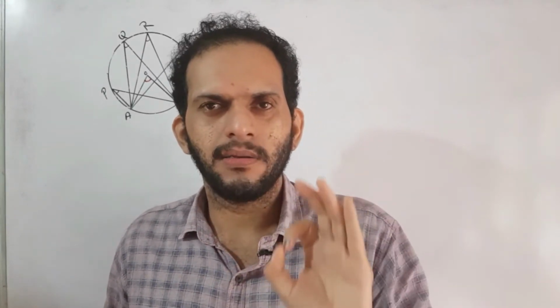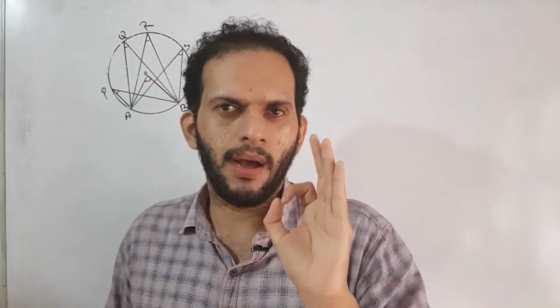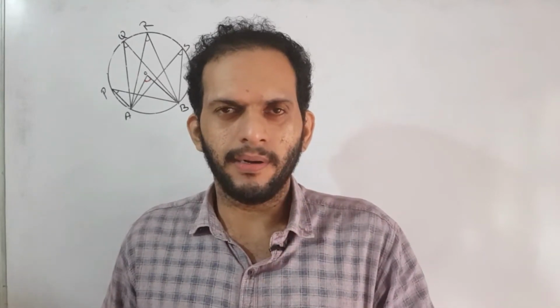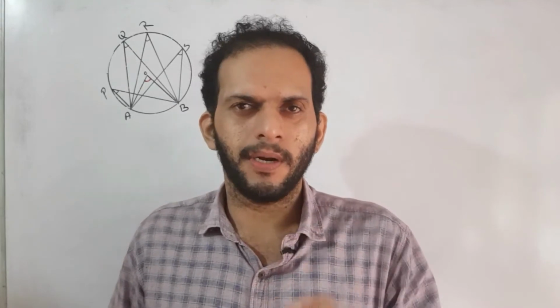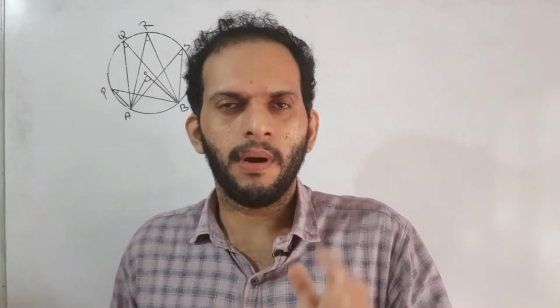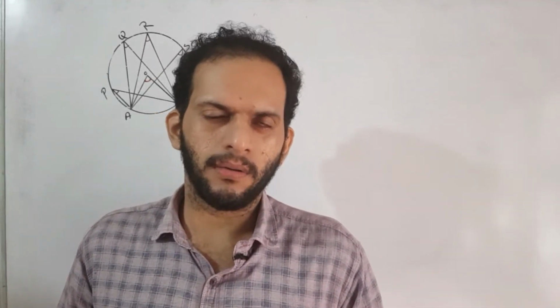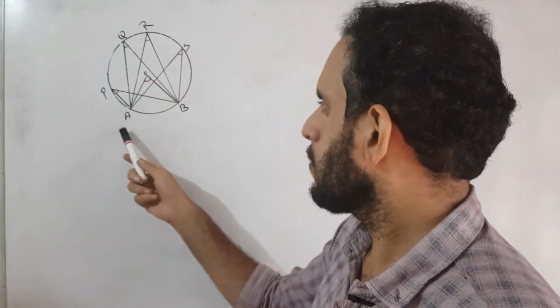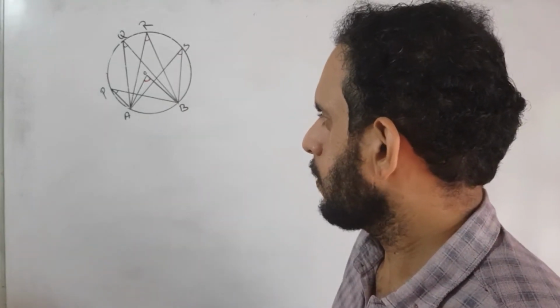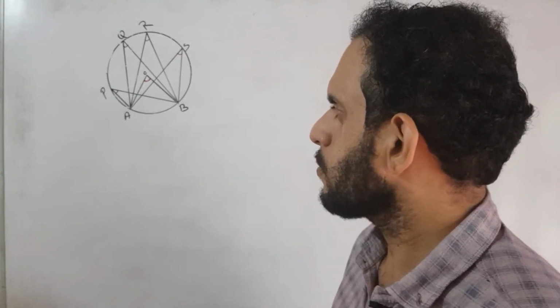We discussed one theorem, and I told you that statement is very important. What is the statement? The angle subtended by an arc at the center is double the angle subtended by it at any remaining part of the circle. Okay, here we are constructing the angle subtended by an arc. Then AB are the 2 points. Then it is very clear, AB divides the circle into 2 parts.